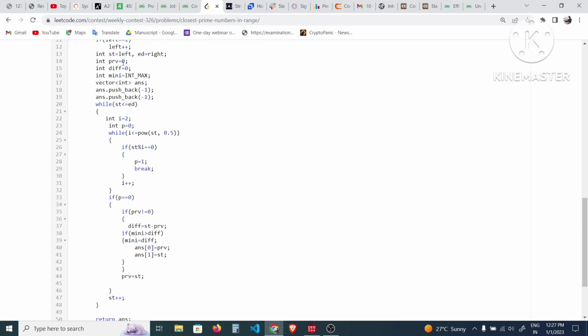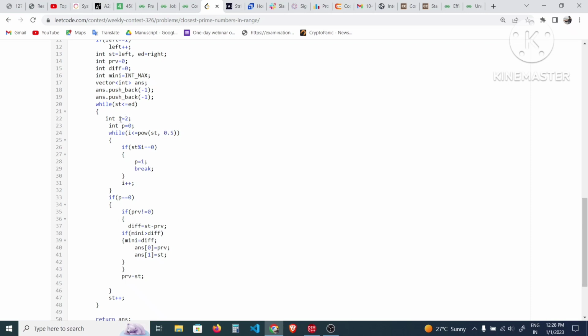Then difference will be the difference between our current and previous prime number, and mini will store the minimum difference of the current and the previous prime number. Okay, so this is the logic here, and we will have a vector answer, which will have -1, and then we will move starting from st and go to end.